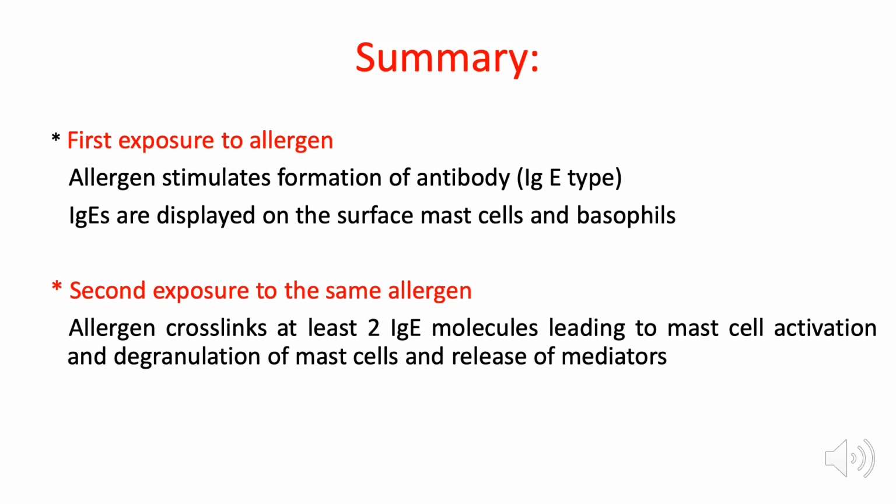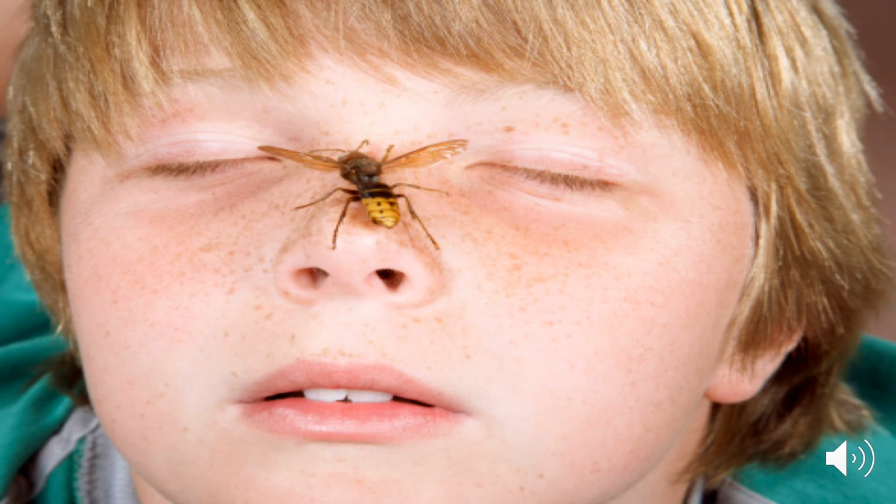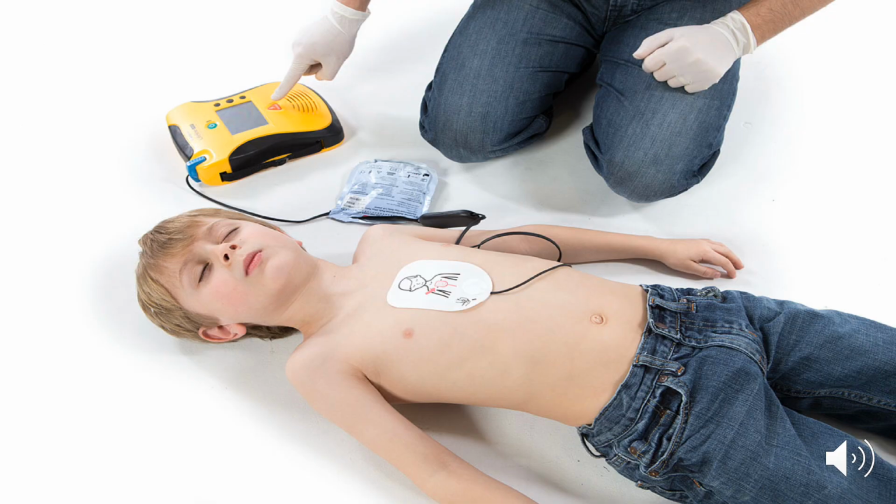Let's have a case. Let's say a boy was stung by a wasp or a bee. The boy was then rushed to the ER because after complaining of severe pruritus, the boy lost consciousness. In the ER, it was found out that the kid's blood pressure is very low. What do you think is the reason behind the hypotension of the child?